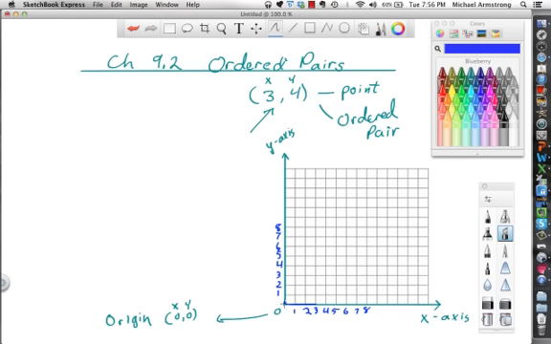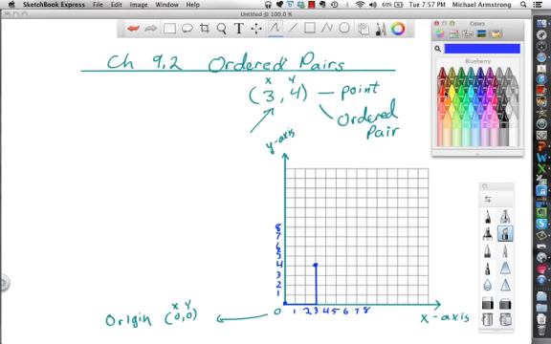This is 0, 0, and our first ordered pair has us going 3 on the x and 4 on the y. So we start here, we go over 3 on the x-axis, and then we go up 4 on the y-axis, and we put a point right here where the 3 and the 4 cross.